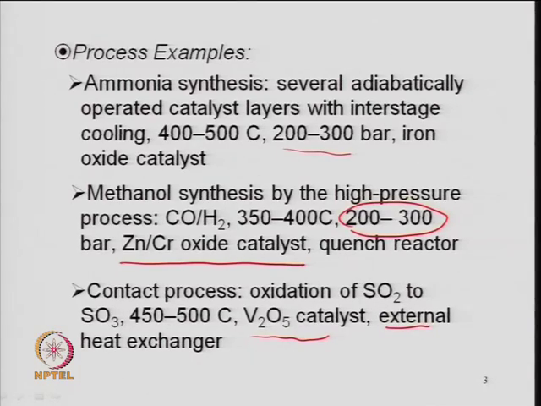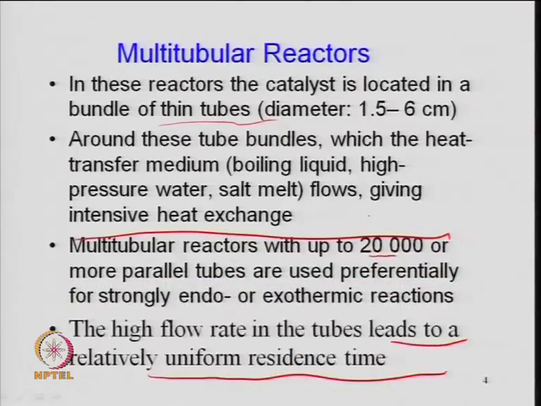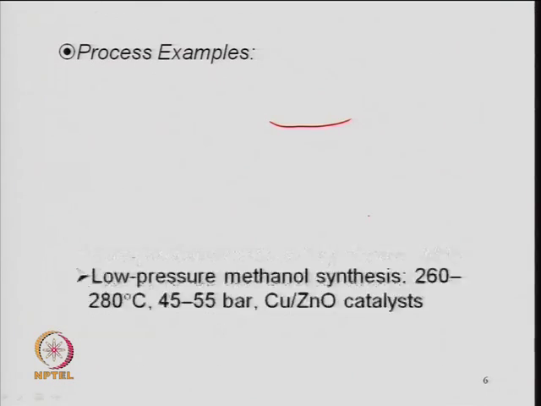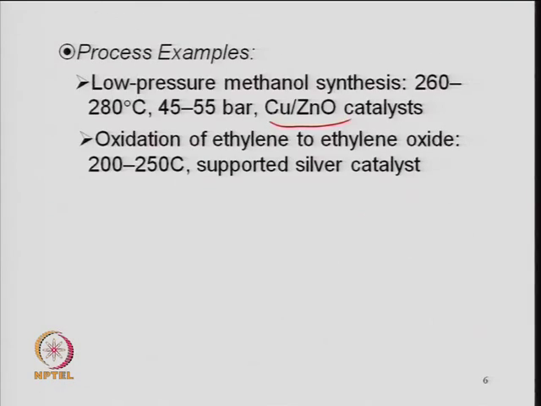So, it means if you revamp the process, or if you want to go for a lower pressure, you need to look at a different catalyst which is more effective, right. So, here the copper based catalyst has been selected in this process, which is a copper zinc oxide based catalyst. The reaction can be carried out here between 45 to 55 atmosphere bar, right.